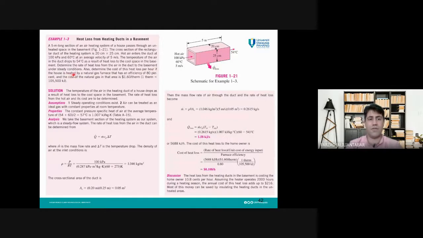If the house is heated by a natural gas furnace that has an efficiency of 80%, and the cost of natural gas in that area is $1.60 per therm, where one therm is equal to 105,500 kilojoules. So we first need to calculate Q dot loss, for each type of heat transfer we have here.